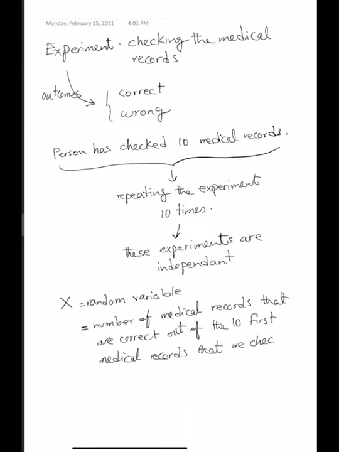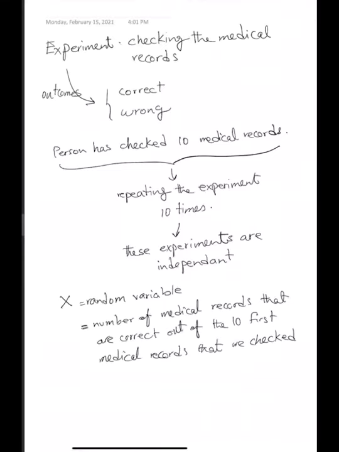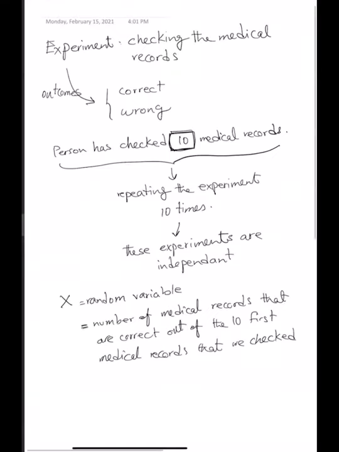Okay, so that's my random variable: out of these 10 medical records that I checked, and I know they are independent from each other, how many of them are correct? That's my random variable.